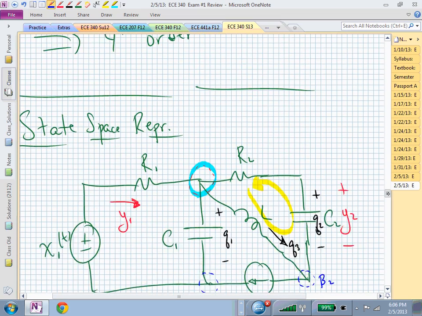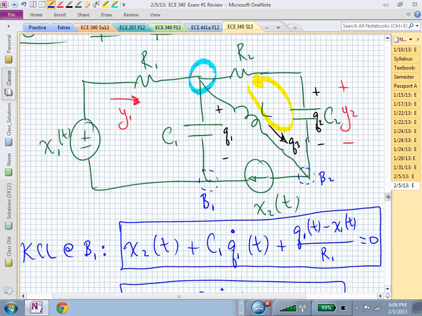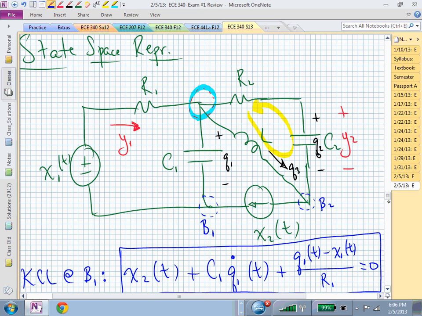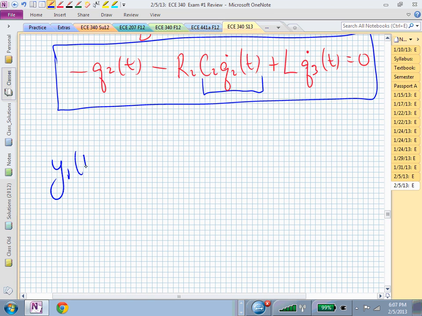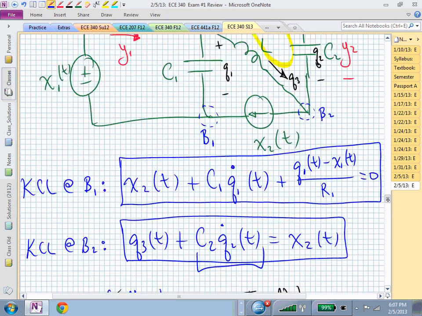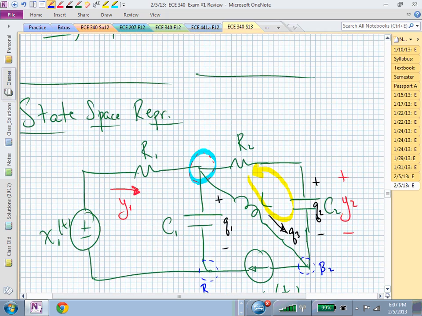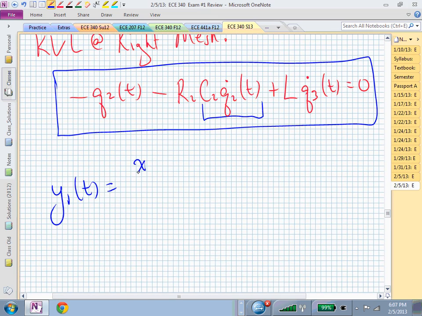But y sub 1 we just wrote essentially earlier, and y sub 2 is Q sub 2. So we could now say that y1 is that current going from left to right. That's x1 minus q1 over r1, and y sub 2 of t is just q sub 2 of t.